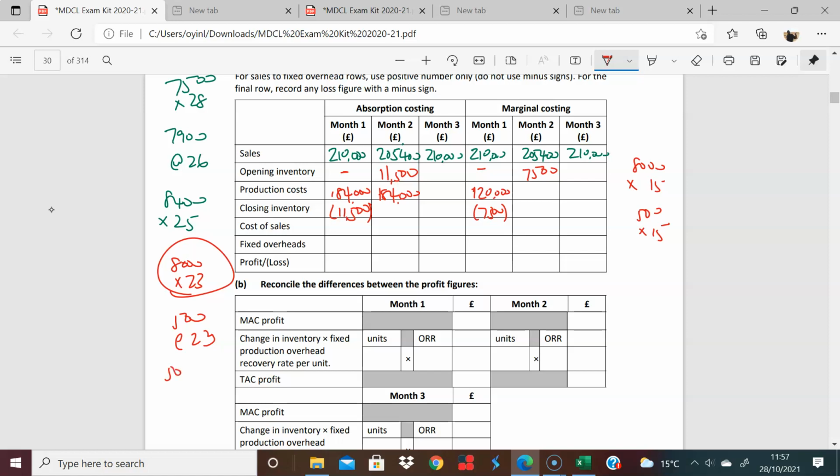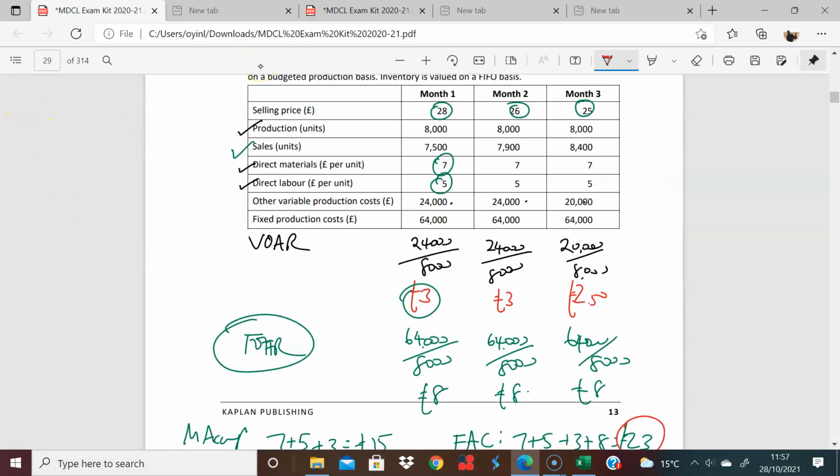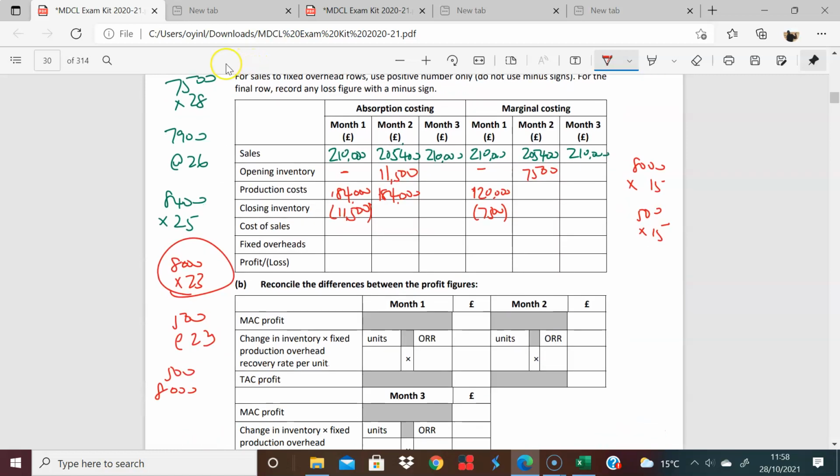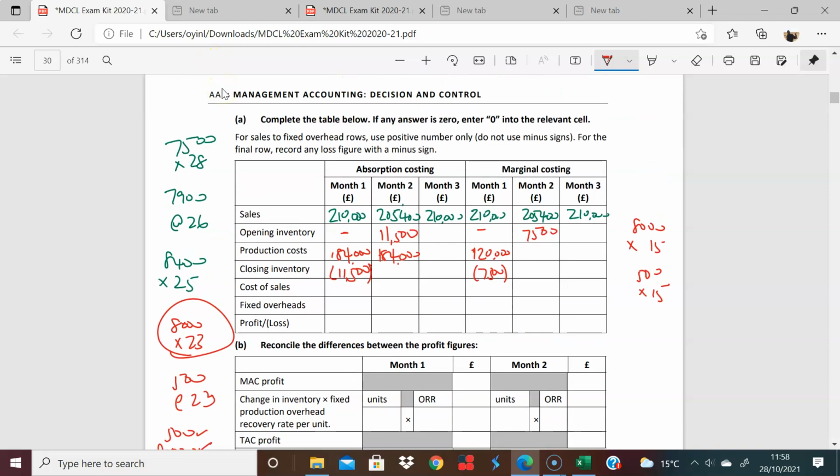So you started with 500 units, you produce another 8,000, and you sell, if you remember, 7,900 units in that second year. So you must have 600 units left. That's the important point.